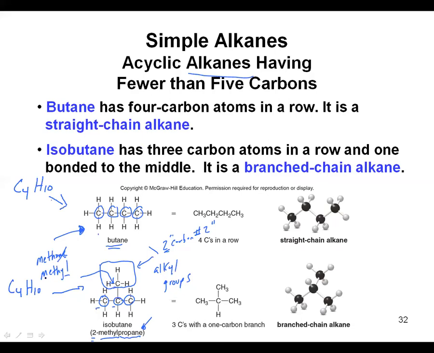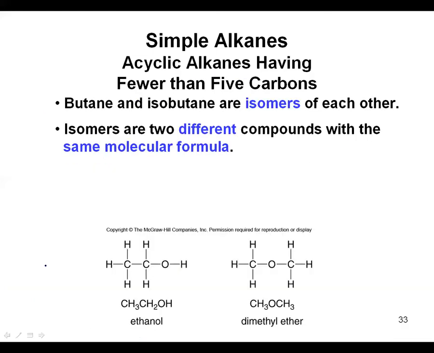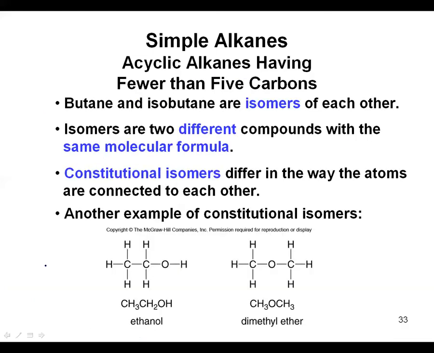So they both have the same molecular formula, but they definitely have a different connectivity. And as we can see here as well, a different name. And thus they are what are known as isomers of each other. Because they have different names, they will also have that different connectivity and will have different properties as well. That's basically what an isomer is: same molecular formula, different connectivity.